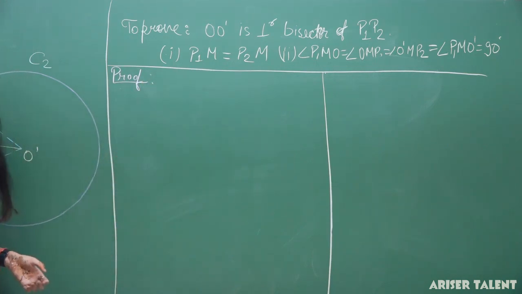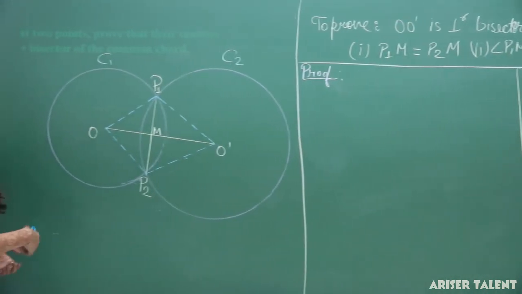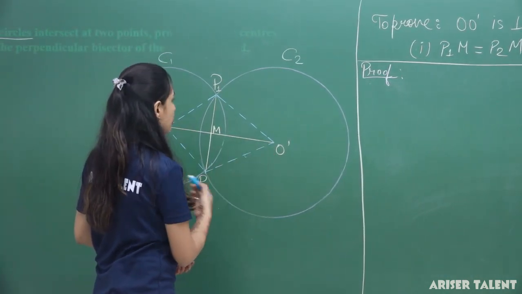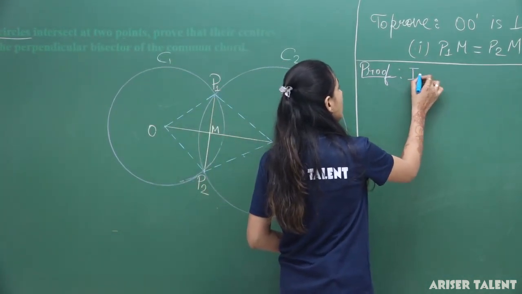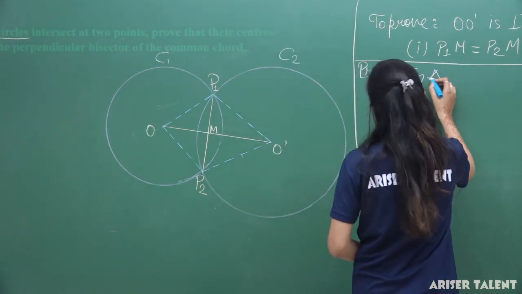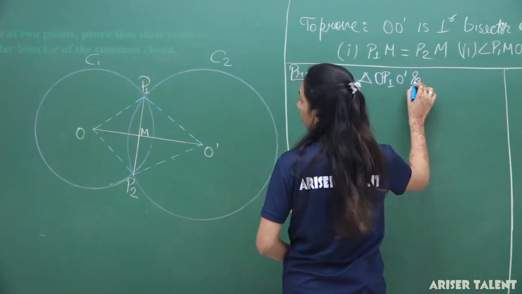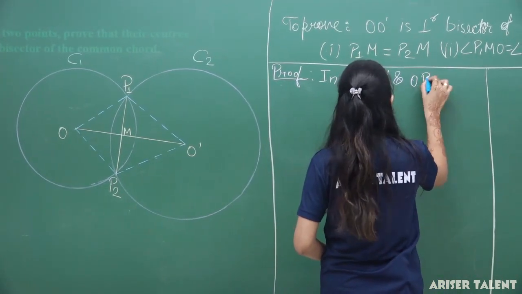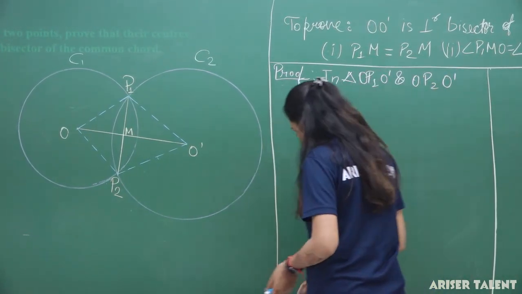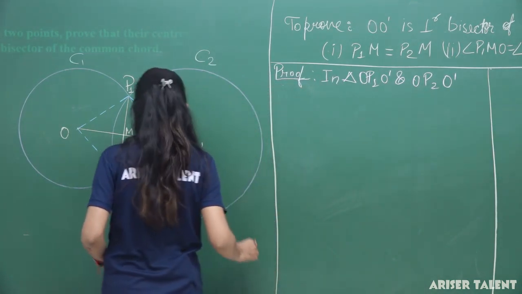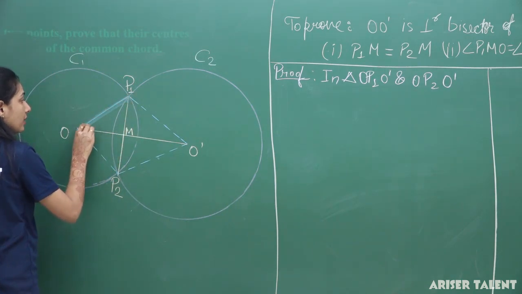I will be taking two triangles. Which triangles? First, in triangle OP1O' and OP2O'. Look carefully which triangles I am taking. In the first, I am taking this triangle.